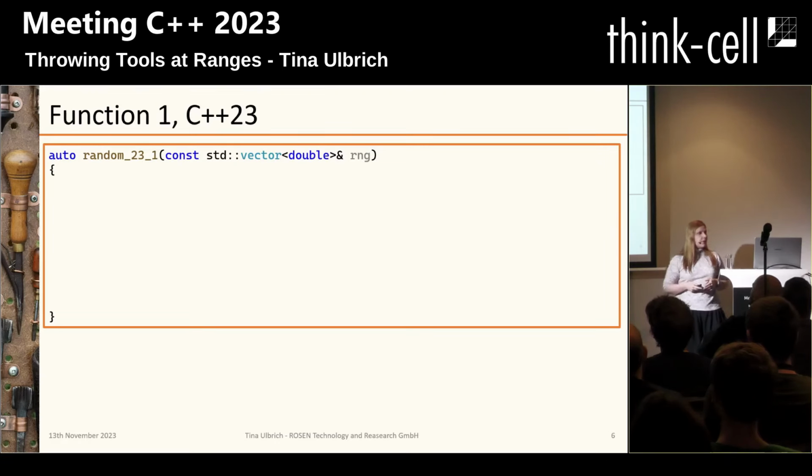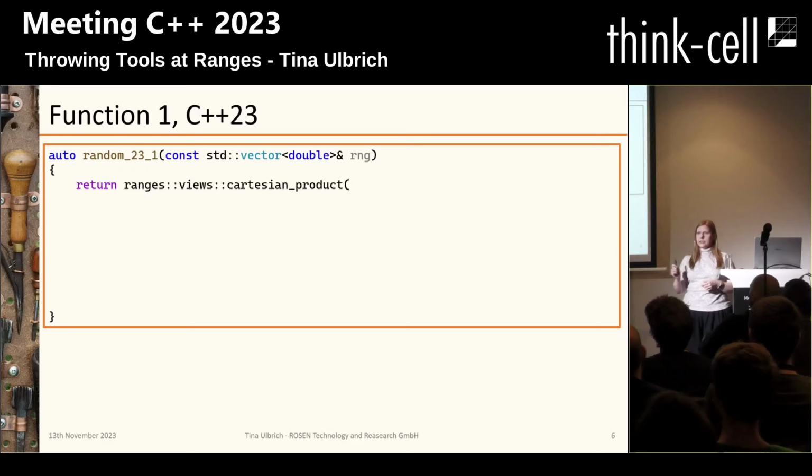So I'm going to start with the C++23 version. As I said, I wrote 3 sub-functions. This is the first one. This function takes a standard vector as input. And then I'm going to use one of my favorite views, which is the Cartesian product. What this actually is, is a nested loop.